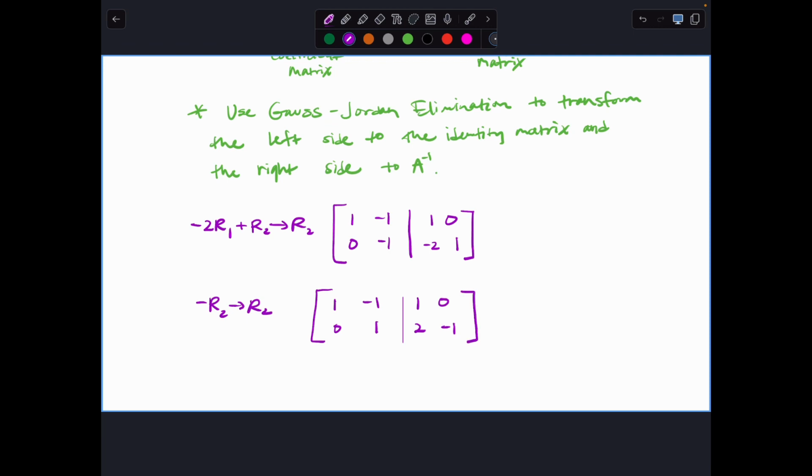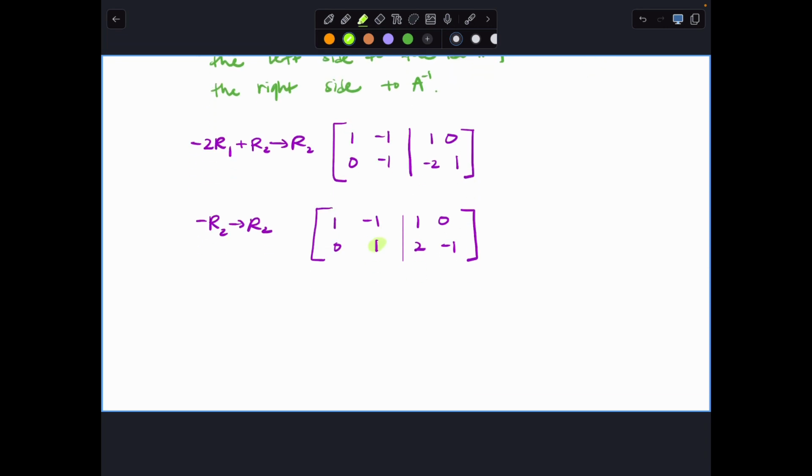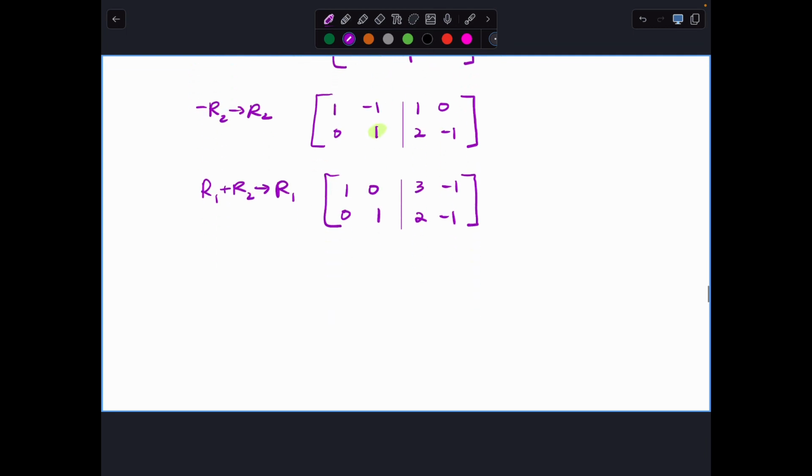Okay, and then let's use this leading one to make the one above it 0. So we can actually just think about adding row 1 and row 2 to replace row 1. Okay, so now this is I sub 2.